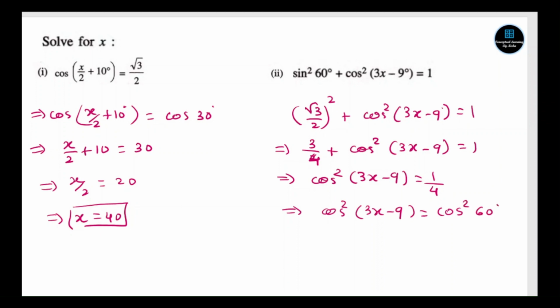Now on comparing both the sides, what I can say, 3x minus 9 equals 60, and hence I'll get x equals 23. Again you can verify your answer. So 23, 3 times 23 is 69, minus 9 is 60. So sin square 60 plus cos square 60 equals 1. So this is how you can solve the equations here which are given.